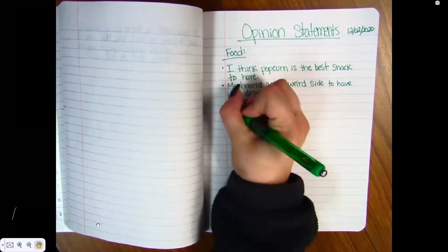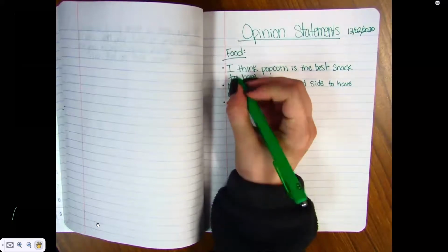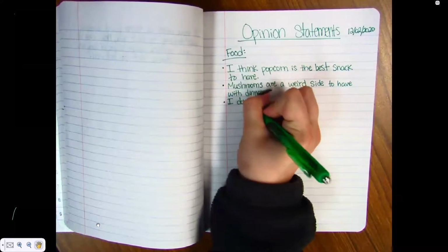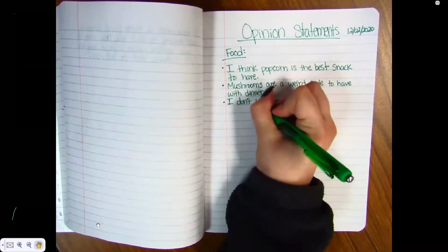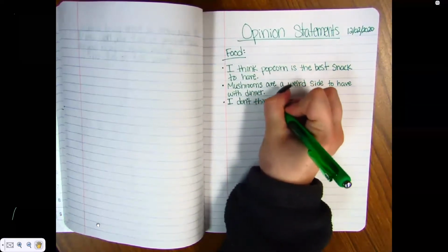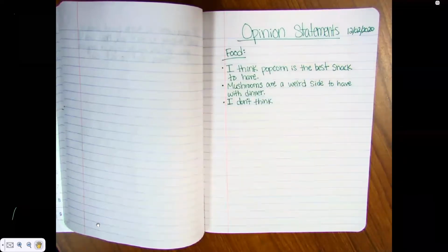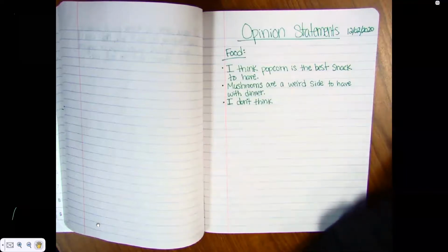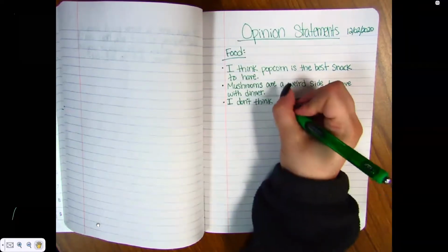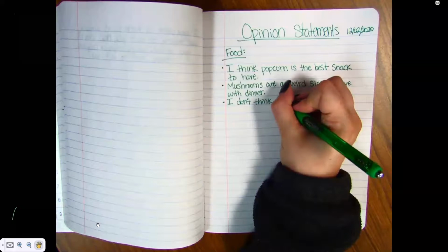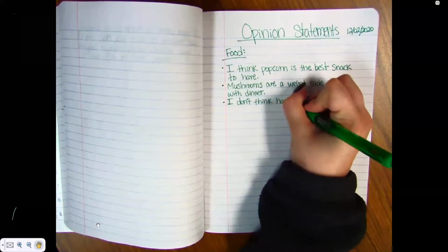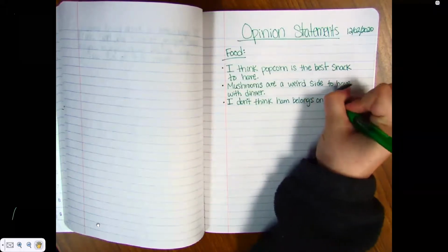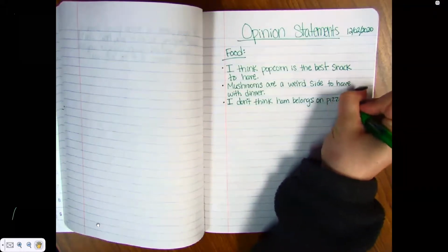Could also say, I don't think ham belongs on pizza.